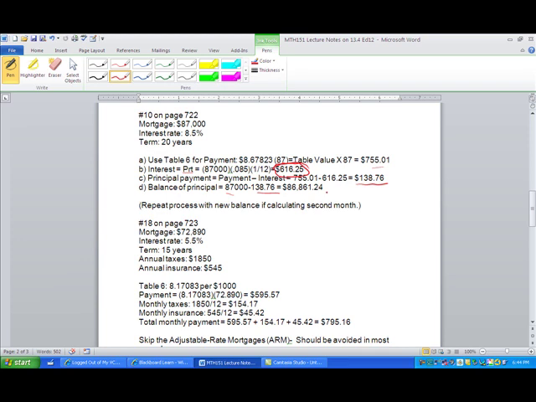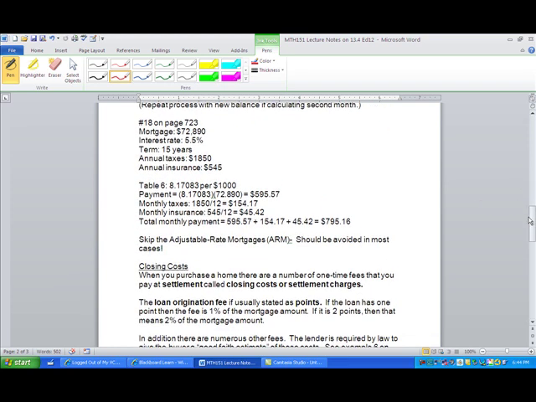Again, we subtract that from the payment, $755.01, and that gives us the amount that is then deducted from the principal, which is the $86,861.24, minus that new interest amount will give us a new balance of the principal. So you could do this for 2 months if need be. And I think a couple of the problems do have you do this for a couple of months.